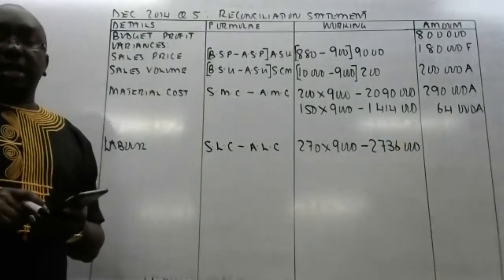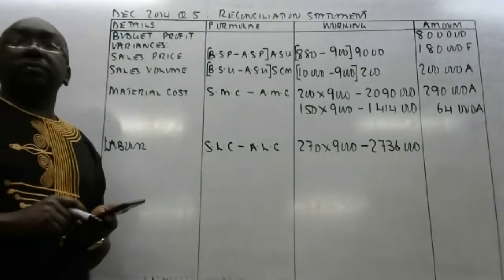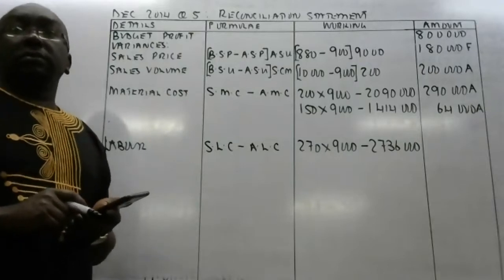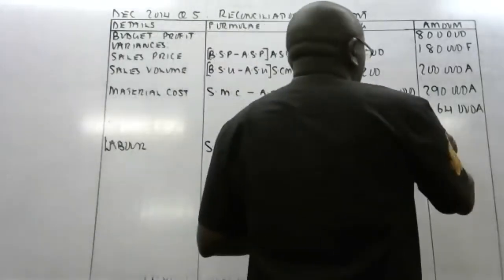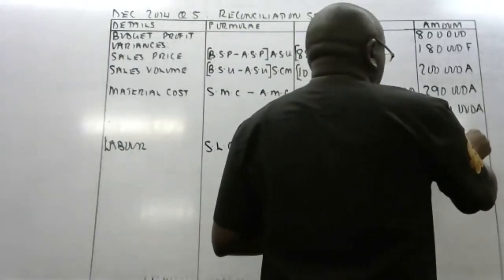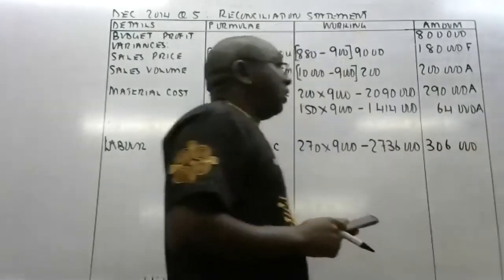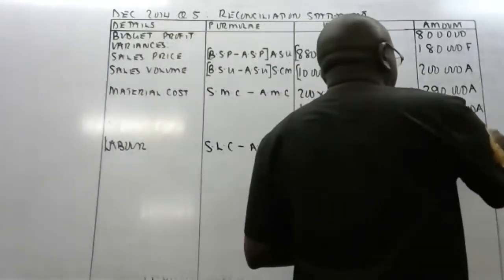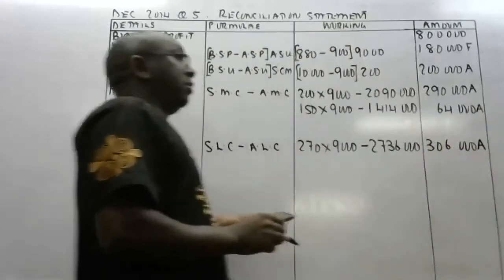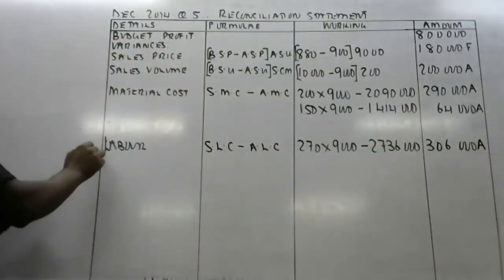And that gives us 306,000. Favorable or adverse? Adverse. Which is negative, eh? Now you should be able to pick.